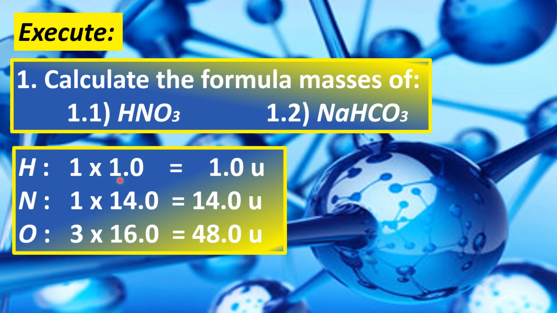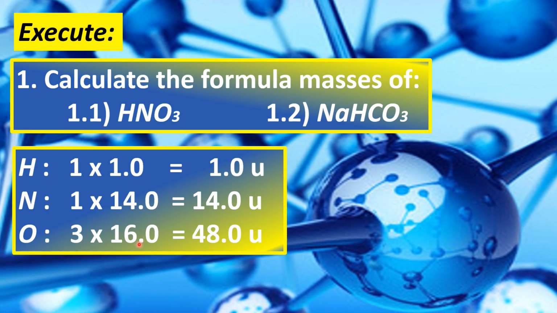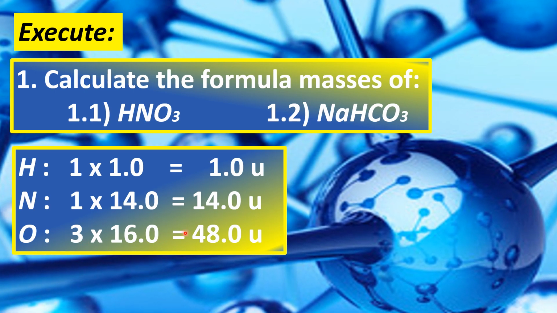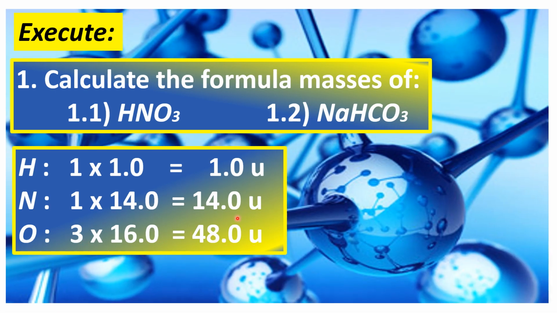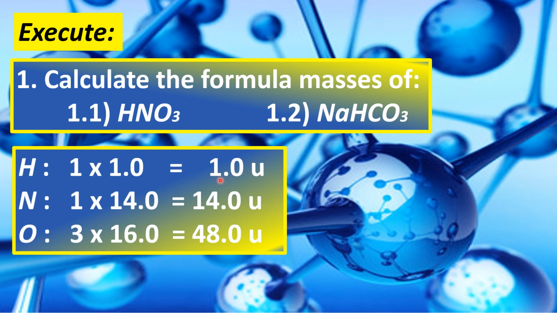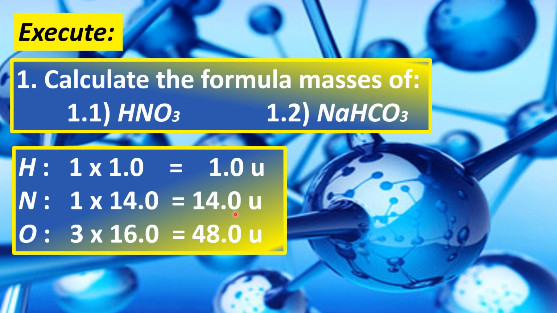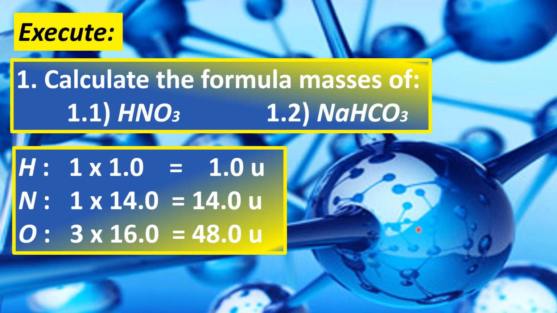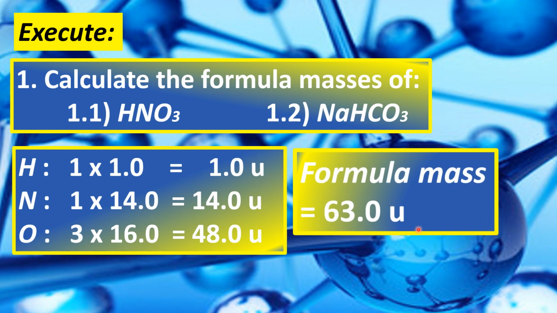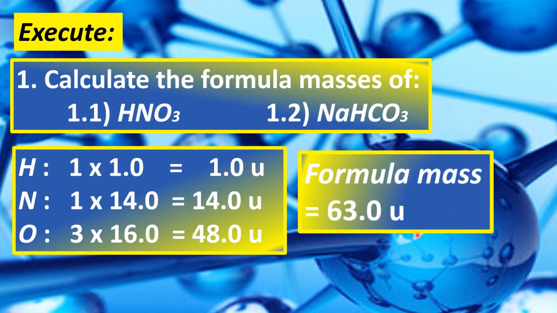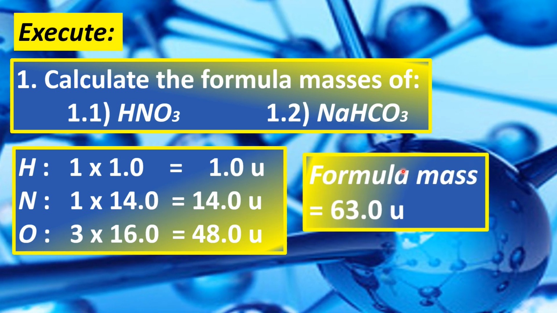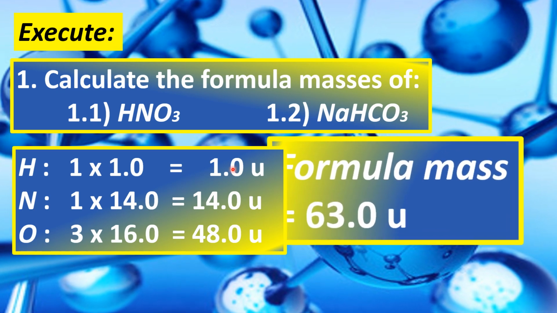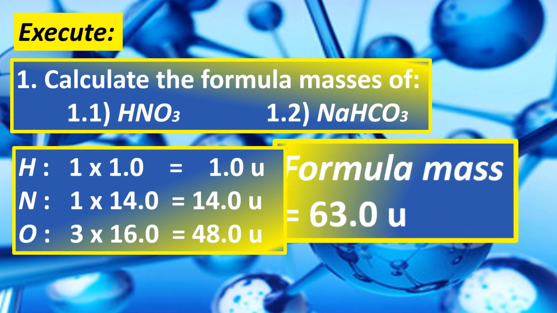Each oxygen atom has an atomic mass of 16.0 U. Multiply that by 3, we get 48.0 U. And if we add these three atomic masses, then we get the formula mass of nitric acid, which is equal to 63.0 U. We call it the formula mass of nitric acid or hydrogen nitrate because the compound is an ionic compound.